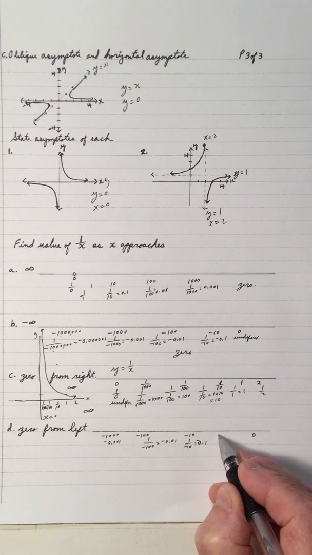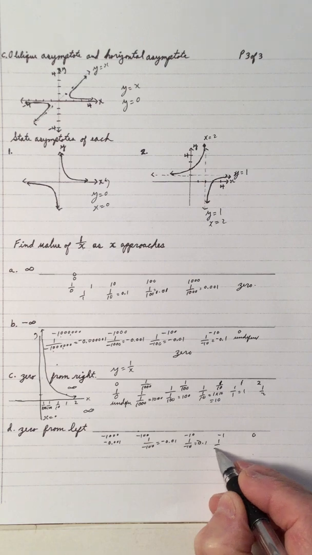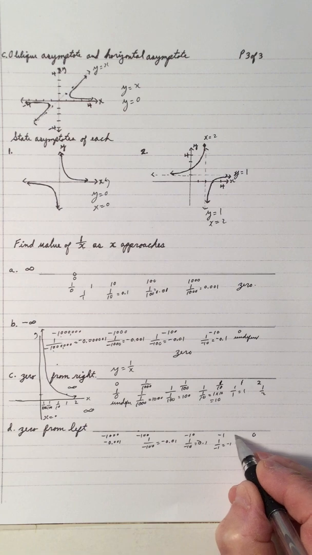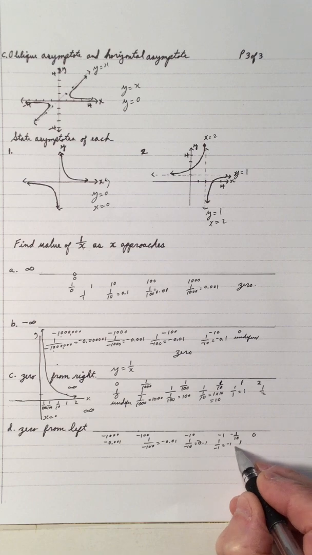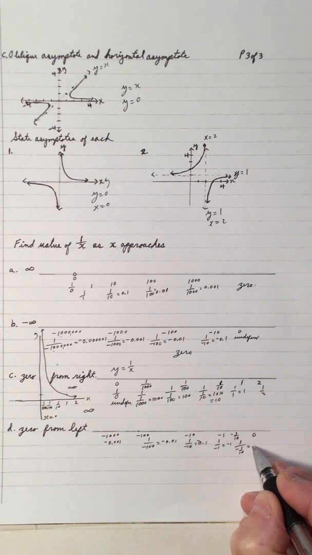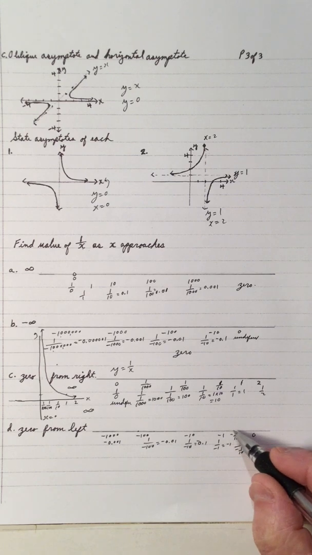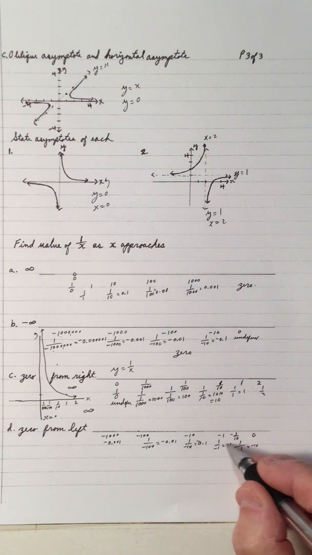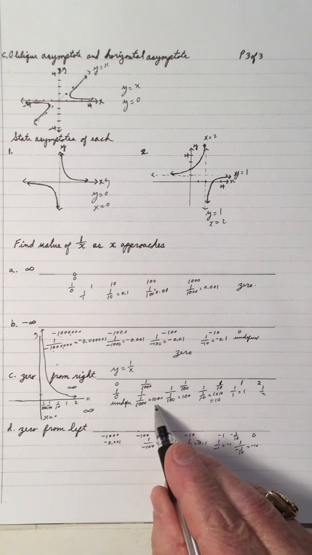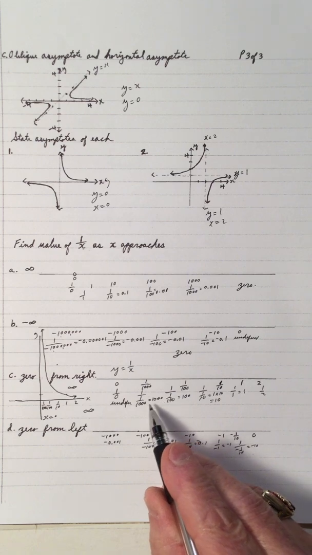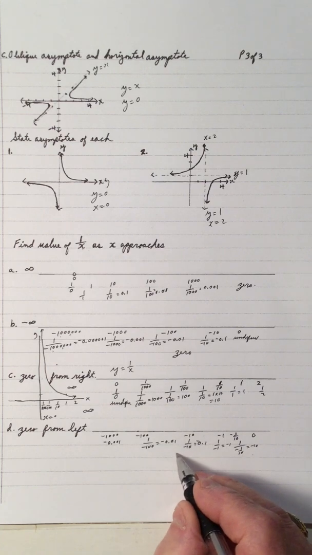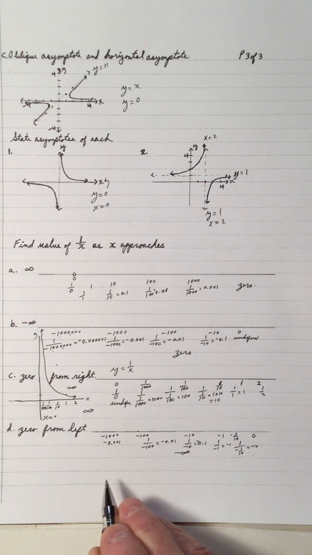Now notice as we approach negative 1, it's 1 over negative 1, which is negative 1. And as we go to, say, negative 1/10, now we're getting closer. So it's 1 over negative 1/10, which is negative 10. So as you can see, it's getting larger and larger, but not like here, where it's getting like 10, 100, 1,000, etc. going to infinity. This is going to negative 1, negative 10. So this one is going to negative infinity.